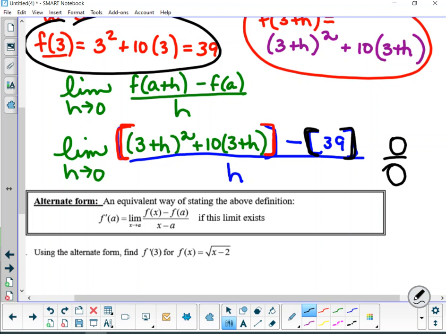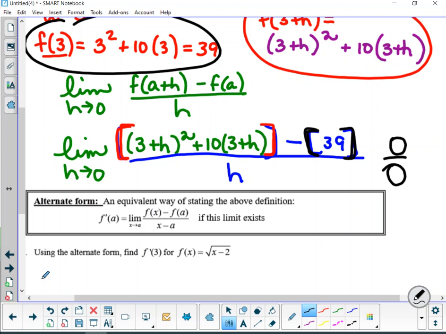Every time we want to do a limit definition to get a derivative, it's going to be 0 over 0. We can't get away from it. We're going to have to apply our magic techniques to these limits to calculate them.